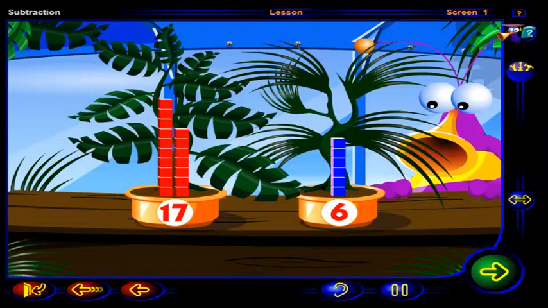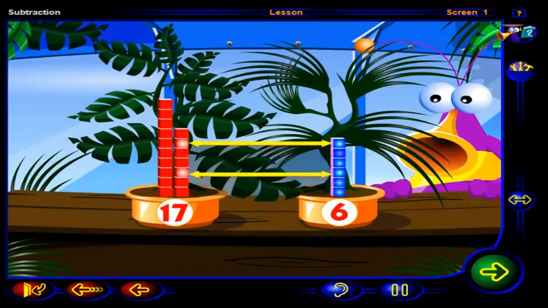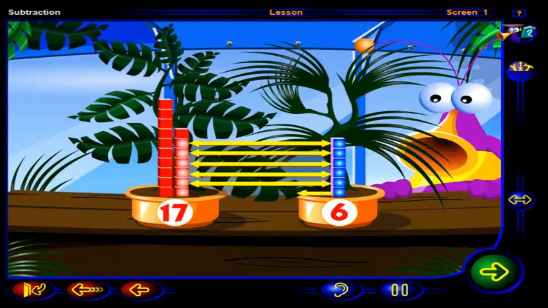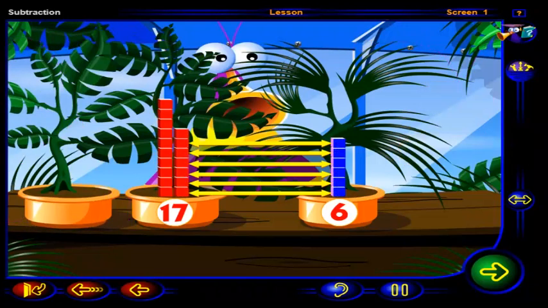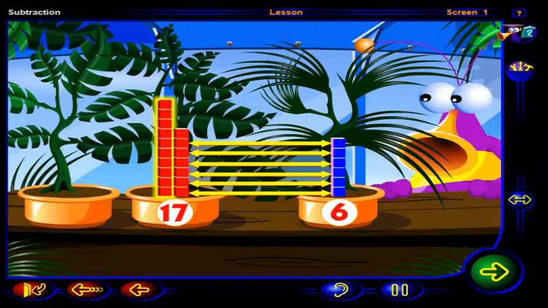Click on each blue block. There are 6 blue blocks, but more than 6 red blocks. Drag these 10 red blocks here.